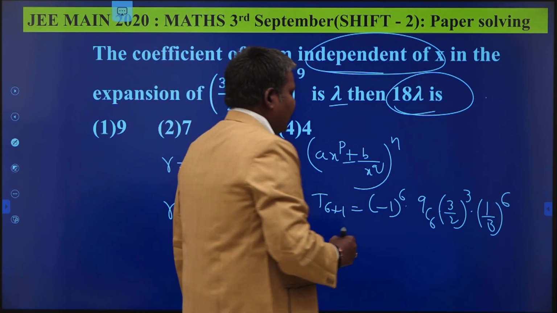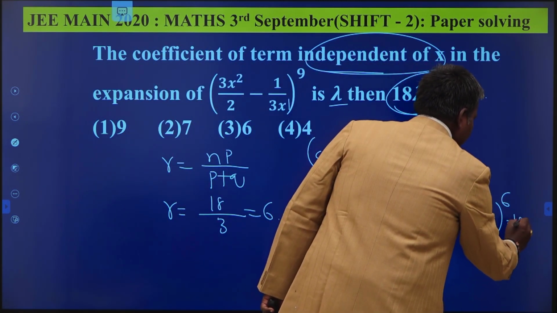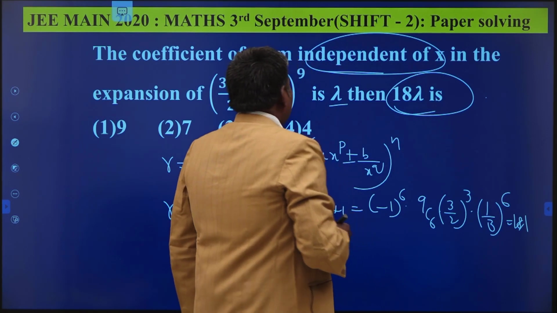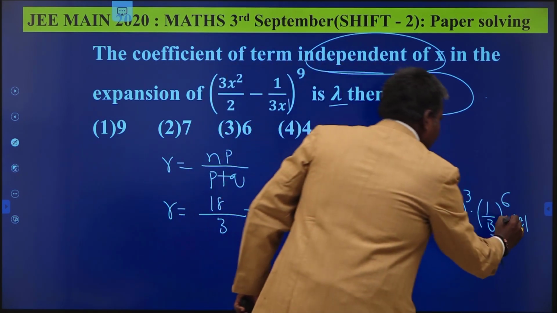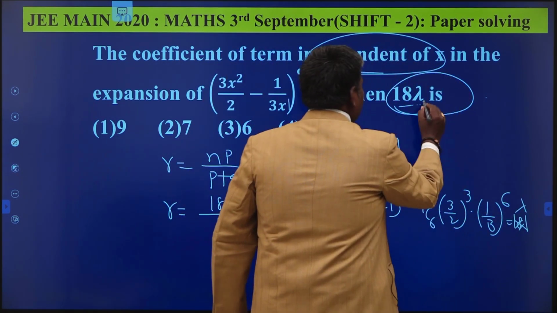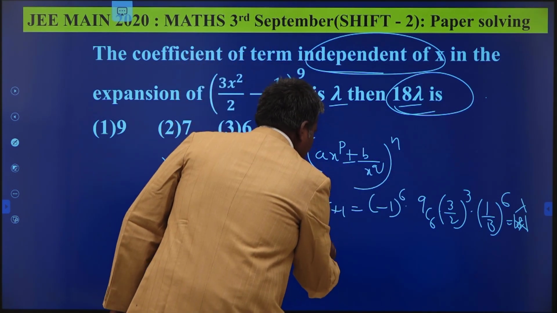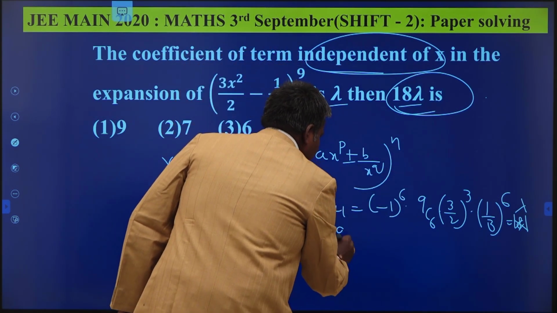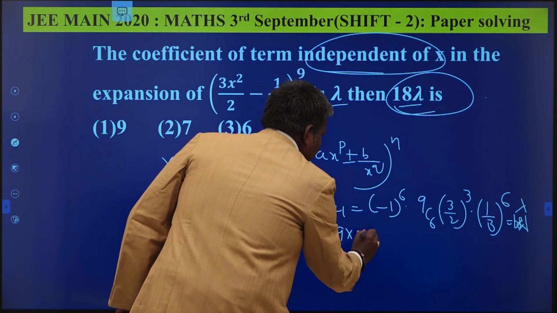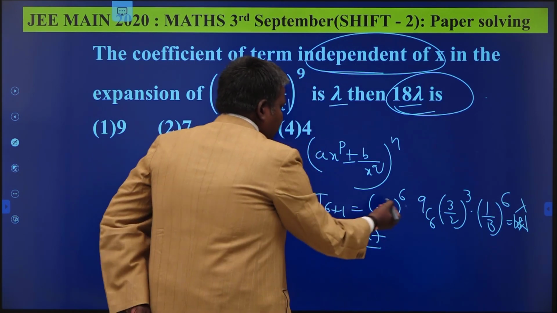It is given to you as lambda. You have to find out the value of 18 lambda. This is your lambda. Minus 1 power 6 is nothing but 1. 9c6 means 9c3, 9 into 8 into 7 by 3 into 2.